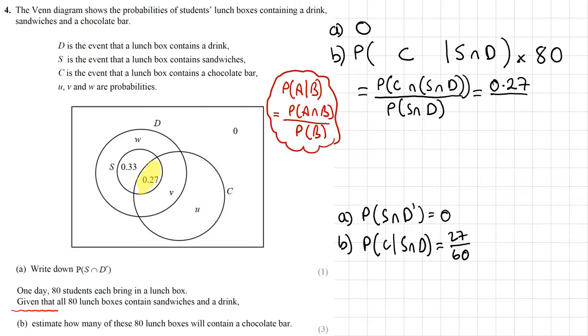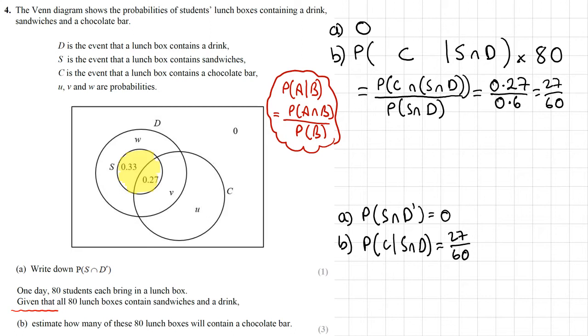The probability of S and D is just this here, so it's both of those put together. 0.33 plus 0.27, that's S and D, and 0.33 plus 0.27 is 0.6. That's a bit like 27 over 60. You can leave it like that if you want to. You don't need to simplify it.